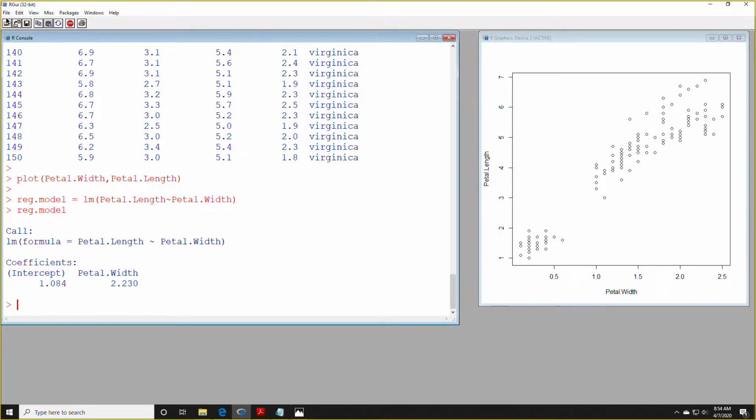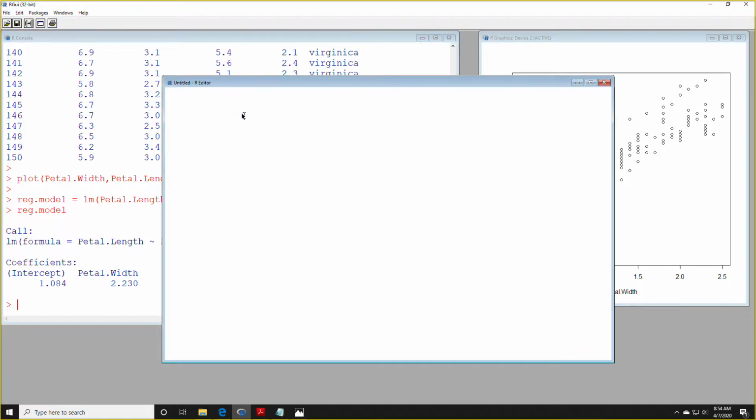So our fitted regression equation is going to be petal length is equal to the intercept 1.084 plus, because the slope is positive, 2.23 times petal width. Okay, so that is our fitted regression equation.